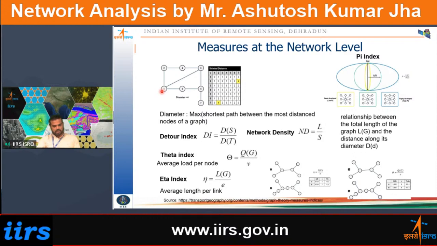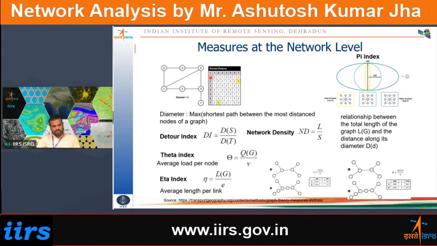Let's say, how can you reach node 7? From node 1, I can reach the first node, second node, and third node. It means there are 3 different segments which need to be traversed.